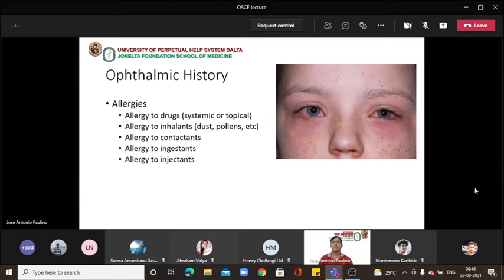So allergy to contactants may be because of the eye drops, or if the patient rubs his or her eyes so much, it would cause allergies and rubber. Also, if the patient has food allergies, it may be the reason why they have recurrent allergies or eye redness because they keep on eating shrimp, eggs, or any shellfish.